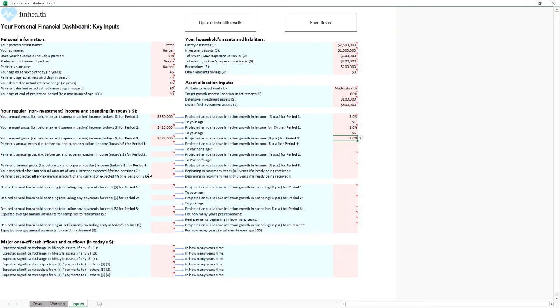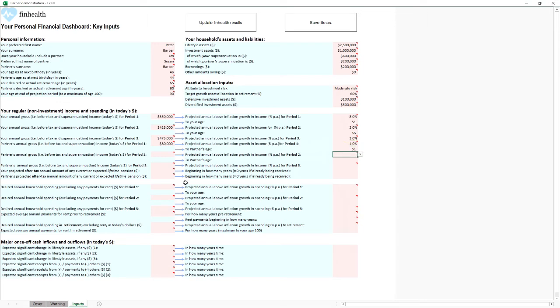Susan is currently working part-time, earning $80,000 a year that she expects to grow at 1% per annum above inflation to her age 51.